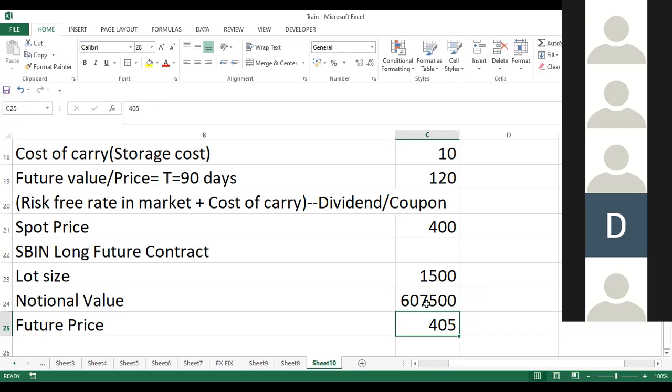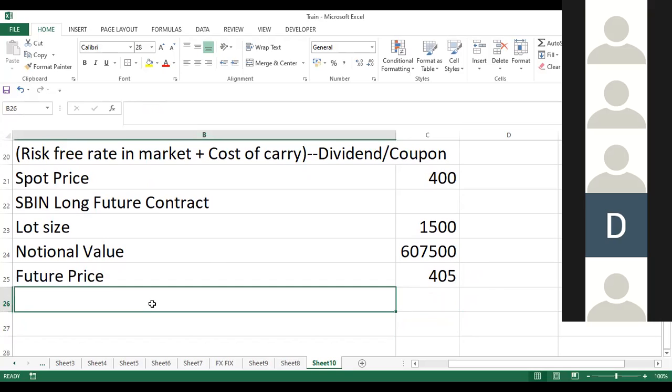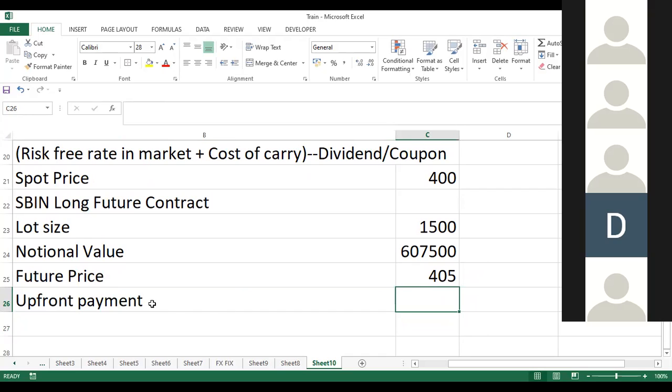This would be the notional value for the futures contract. So how much will you pay upfront when you want to take a position? This upfront payment is just some 30% of this entire notional value. So this is the notional value you see here, and you're paying 30% of this value.